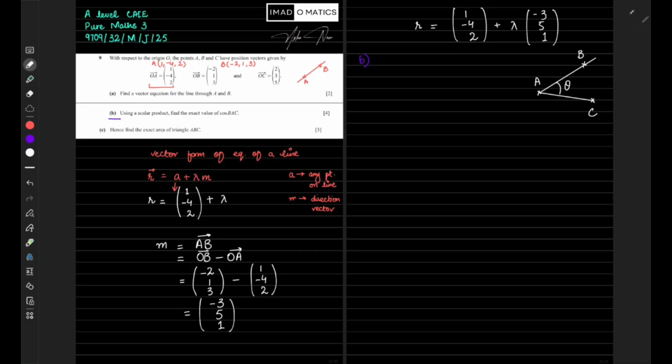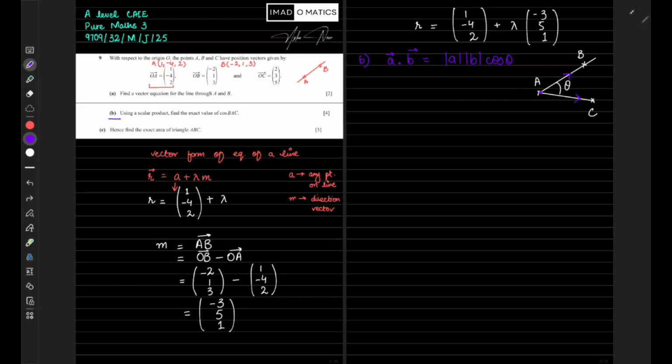Now one very important thing is you can apply the dot product formula, a dot b equals modulus of a times modulus of b times cos theta, only when they are both going away from a point or both coming back to a point, meaning they are both converging or diverging.